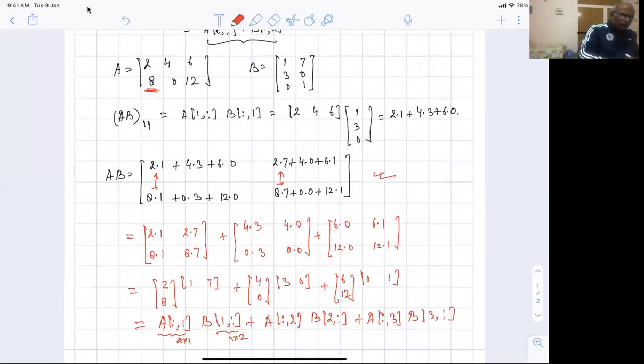So I want you to understand here that this one will cancel out with this one, this 2 cancels out with this 2, this 3 cancels out, and at each stage I am getting a 2 cross 1 matrix times 1 cross 2 is 2 cross 2. Again, this is 2 cross 1 times 1 cross 2. So again, I get a 2 cross 2 matrix. Here also 2 cross 1 times 1 cross 2. So I get a 2 cross 2 matrix. So I've got the sum of 2 cross 2, 2 cross 2, 2 cross 2 matrices, which is the same as that.